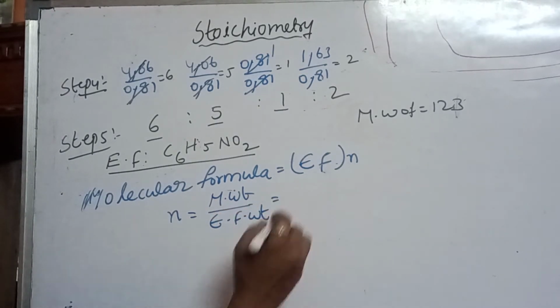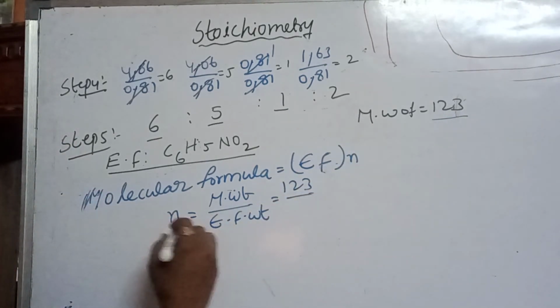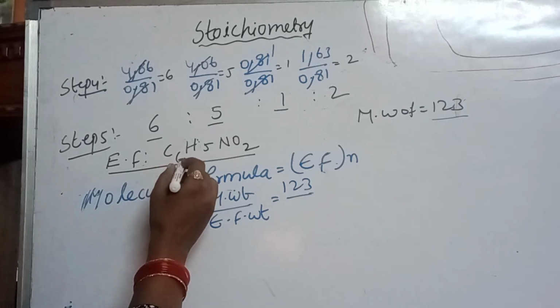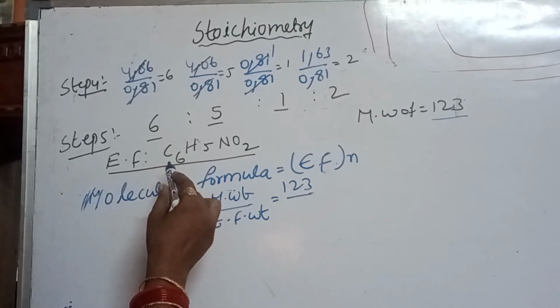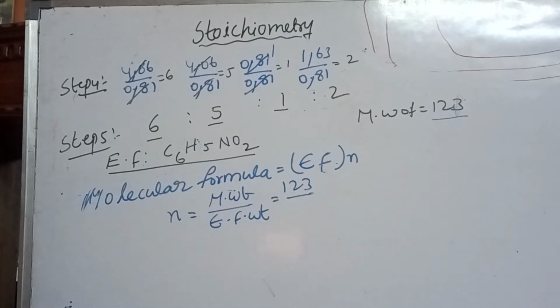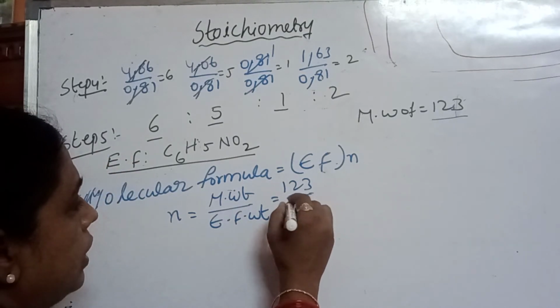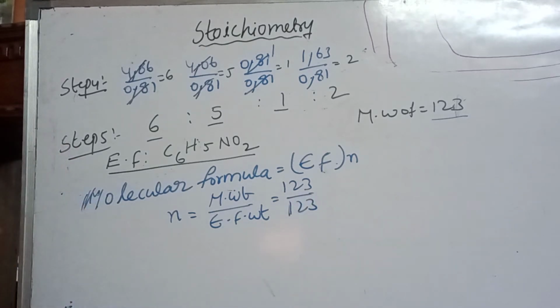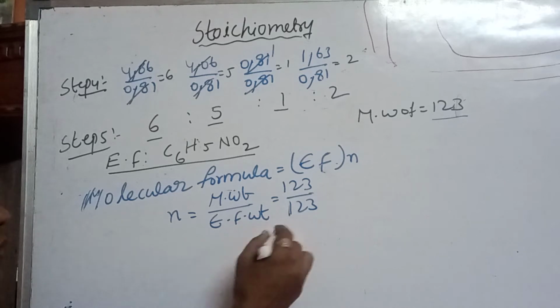The molecular weight given in the problem is 123. The empirical formula has 6 carbons, 5 hydrogens, 1 nitrogen, and 2 oxygens, and adding their atomic masses gives 123.